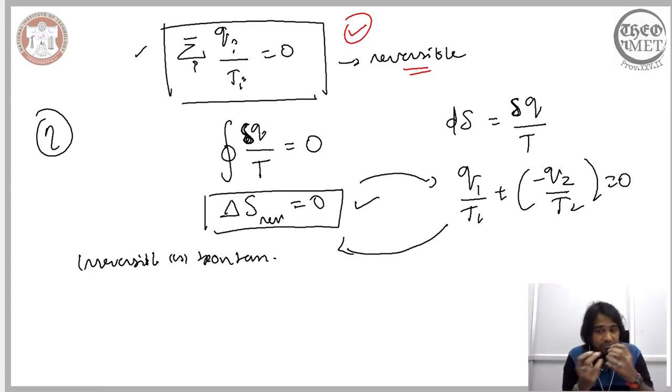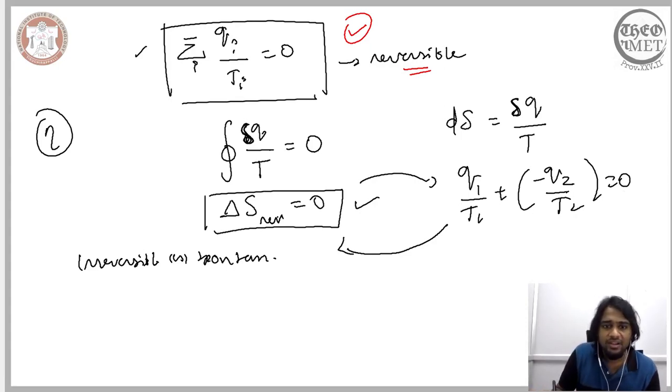So for a reversible process the entropy remains constant. There is no change in the entropy. That is what this expression says, and we arrived at this criteria from this fundamental relation that we got from the operation of the Carnot cycle.